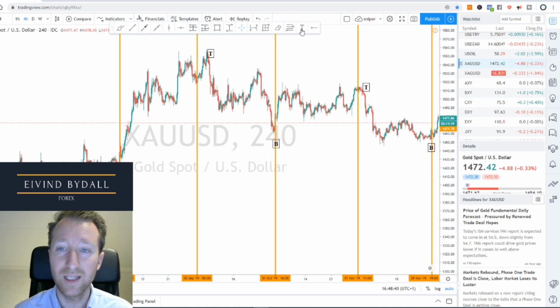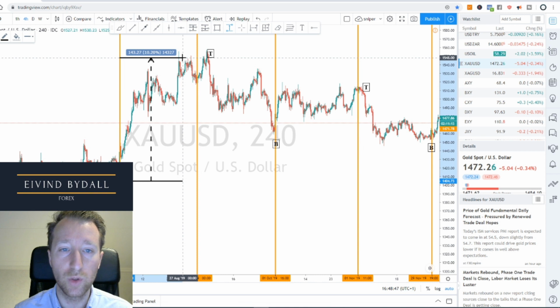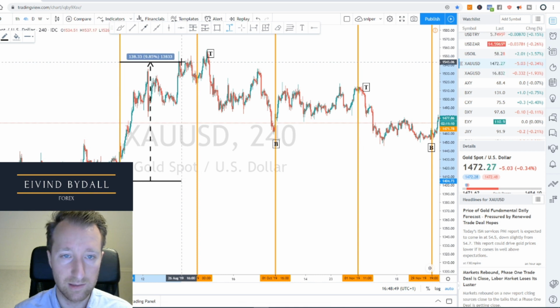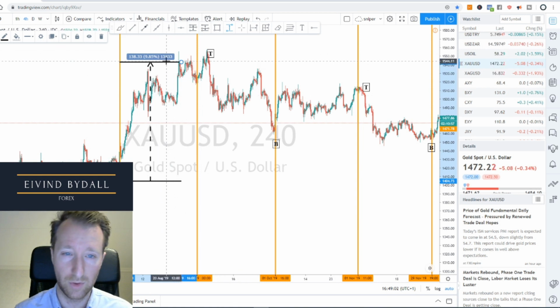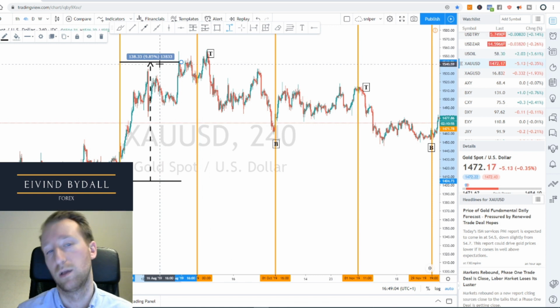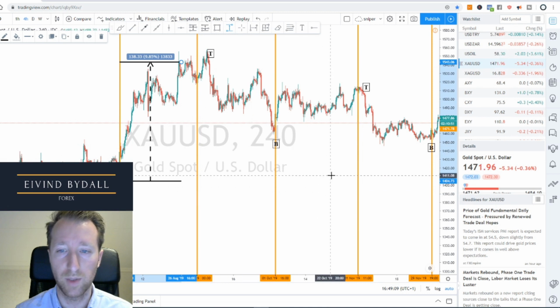And then price actually goes very, very far. So if, in this kind of trade, you have the lot size that I just talked about, which is 0.1 lots, then in this trade you would be at $1,383 in profit.